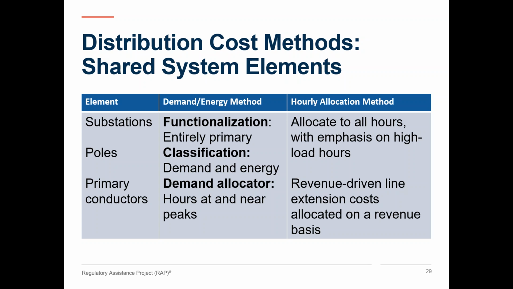And this table shows for each of those substation, poles and primary conductor categories a reasonable, not particularly archaic legacy method, something that would have been a pretty good approach 30 or 40 years ago, which allocate the demand-related portion based on loads at or near the peak periods and allocate some of the costs to energy as well.